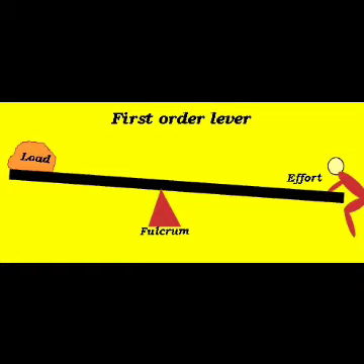Generally there are three types of levers: class 1 levers, class 2 levers and class 3 levers. The point on which the lever turns is called the fulcrum, the object to be moved is called the load, and the force exerted on the lever is called the effort.